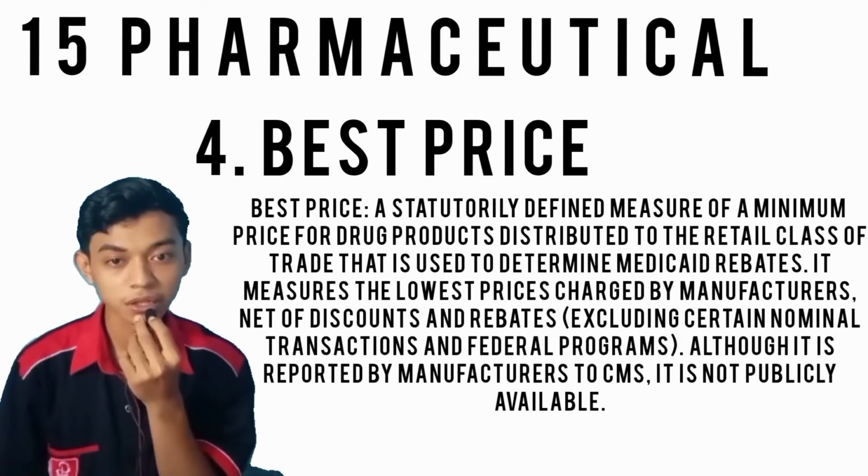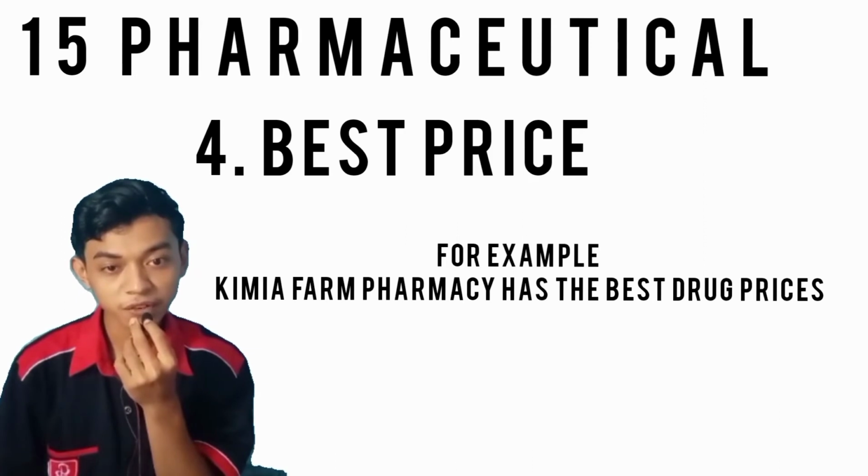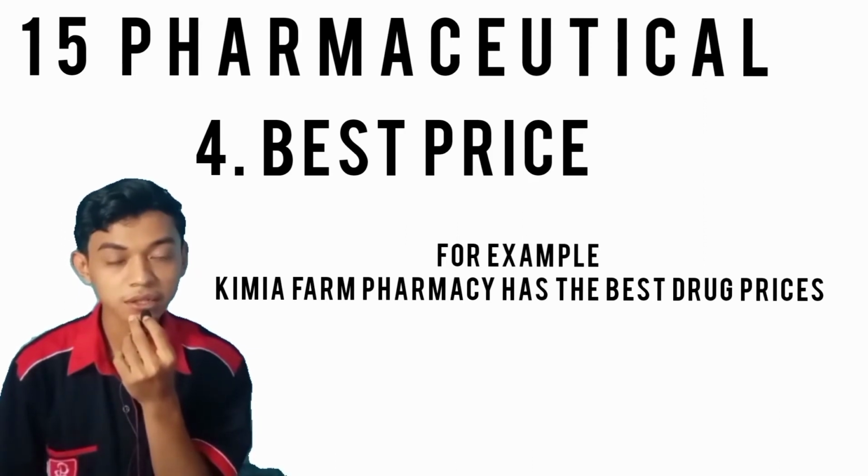It measures the lowest price charged by manufacturers, net of discounts and rebates, excluding certain nominal transactions and federal programs. Although it is reported by manufacturers to CMS, it is not publicly available. For example, Farm Pharmacy has the best drug price.